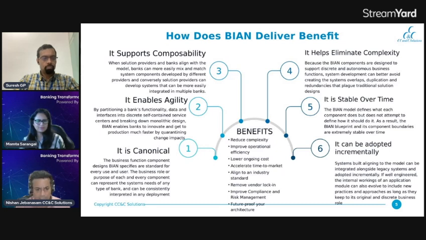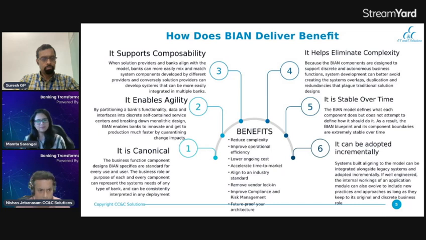It's getting an understanding between business units, between tech and business, between leadership and delivery, on what exactly you're talking about when you say we need to change this, modify that, or add this new thing. BIAN brings a common language to how you describe things, and that's the first step in getting alignment and a collective will behind what you need to do. So being canonical is really important.